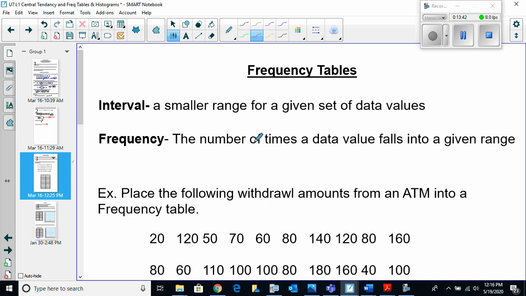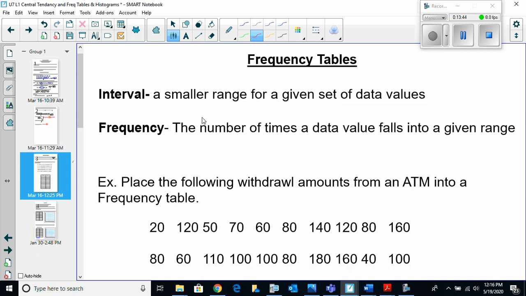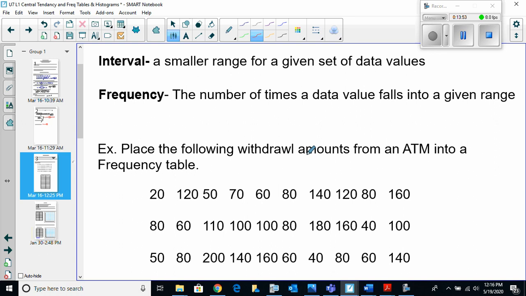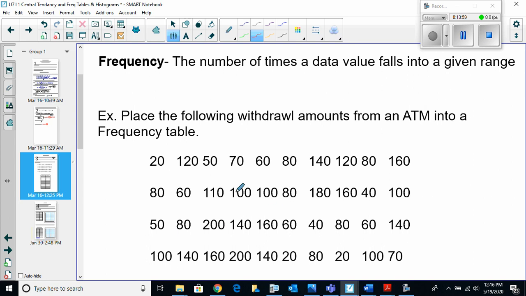Okay, so now the frequency is the number of times that a data value appears in the given range. Let's suppose that we have the withdrawal amounts from an ATM machine and the frequency table appears here.